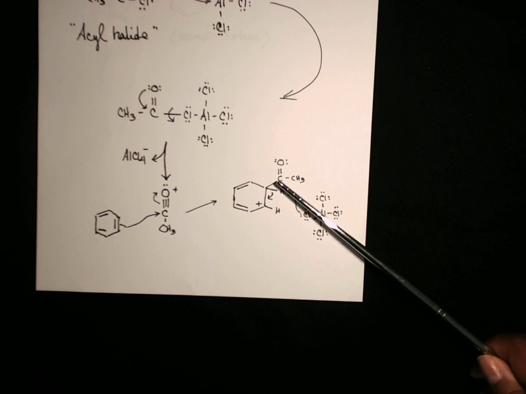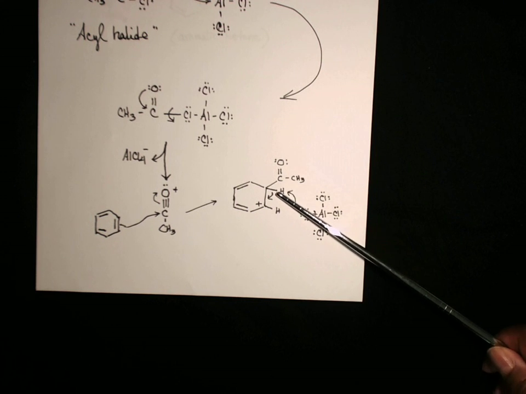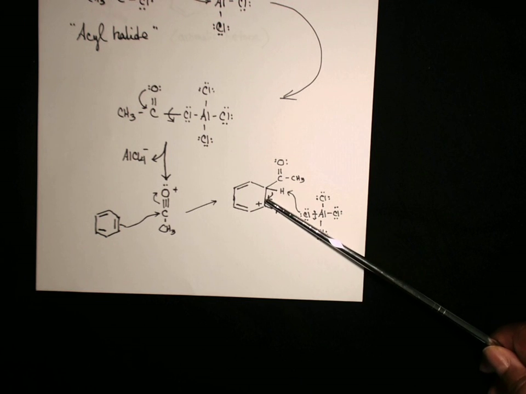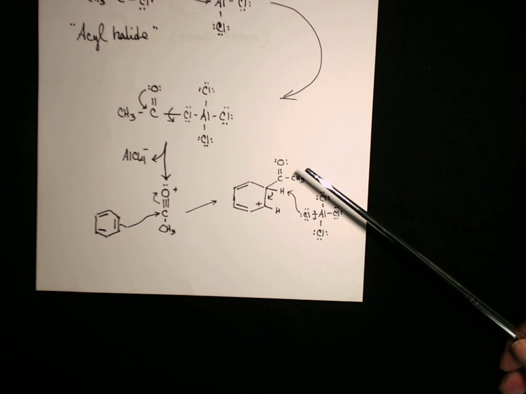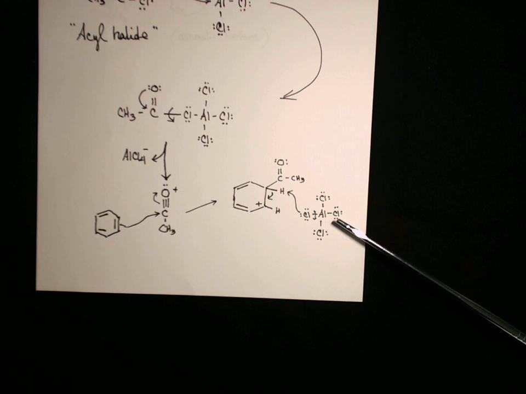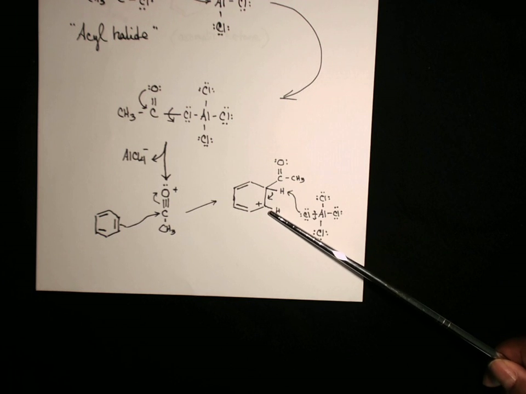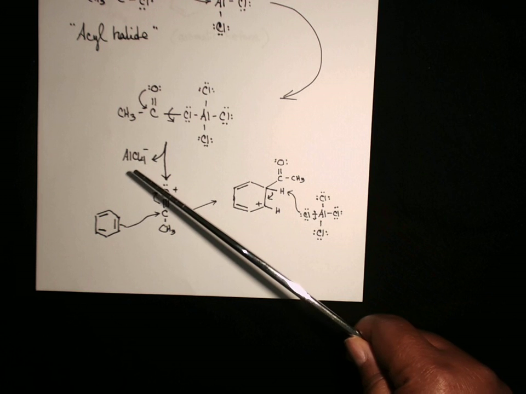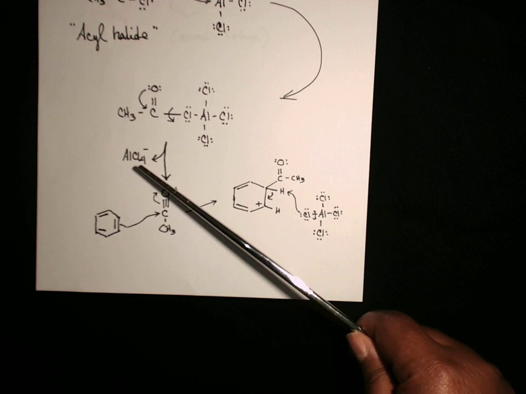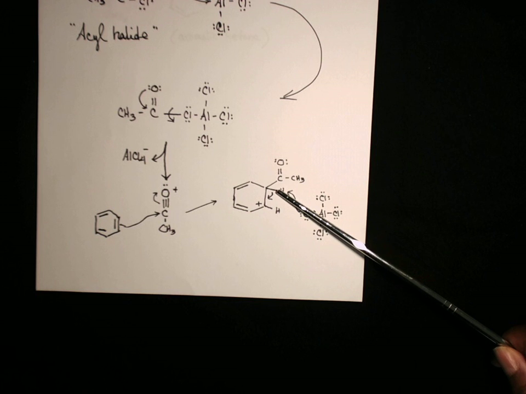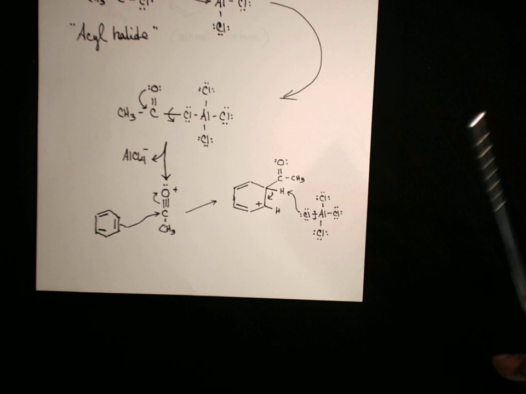And when it does, you notice that we form a carbocation within the ring. The ring is also partially broken, in case you didn't notice. And in order to reform the ring, we're going to use the tetrachloroaluminum anion, that's going to be our Lewis base, to get rid of this proton and form the ring back again.